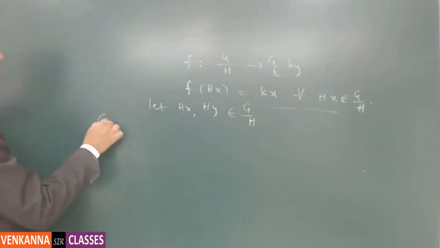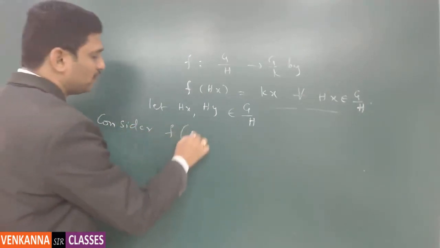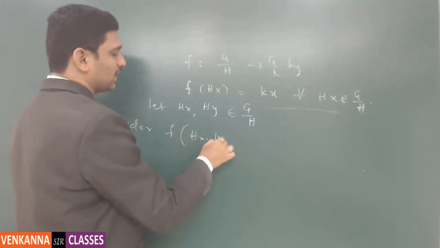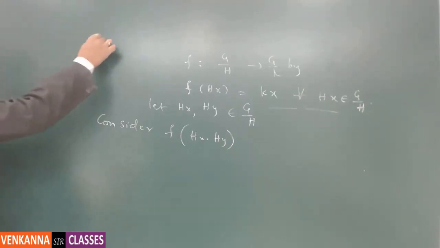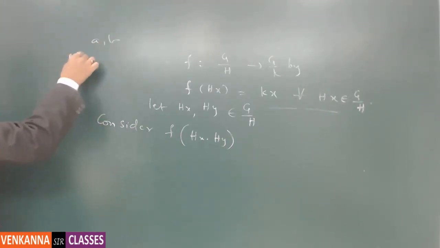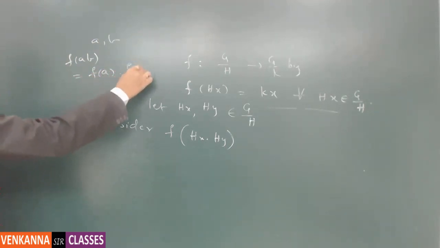Consider the product, f of Hx dot Hy. Please understand, how do we prove homomorphism? Whenever you take two elements a, b, you have to show that f of ab is equal to f of a dot f of b.